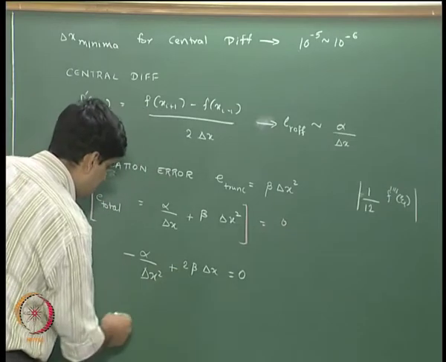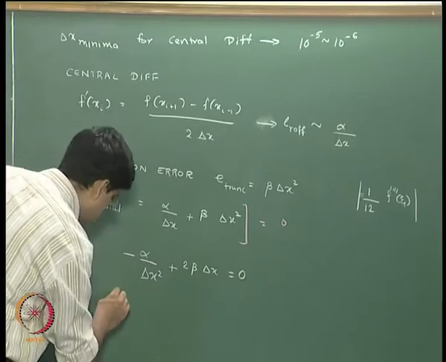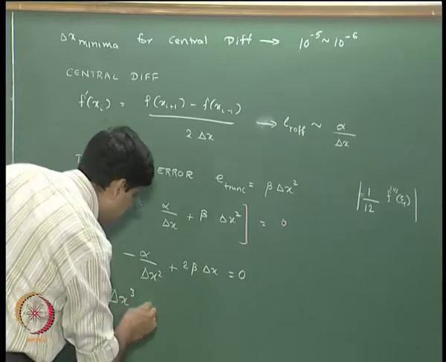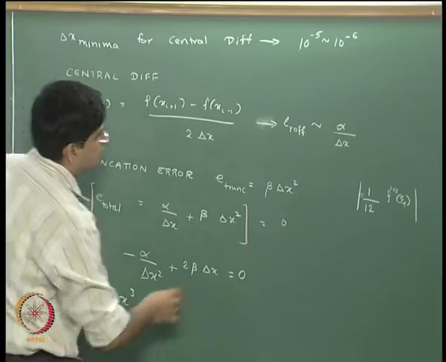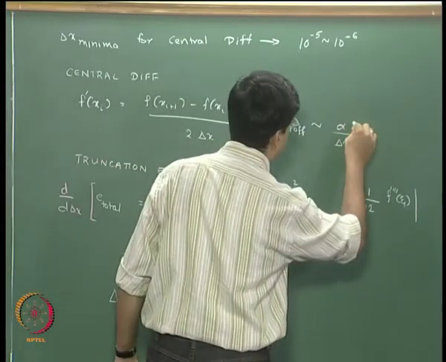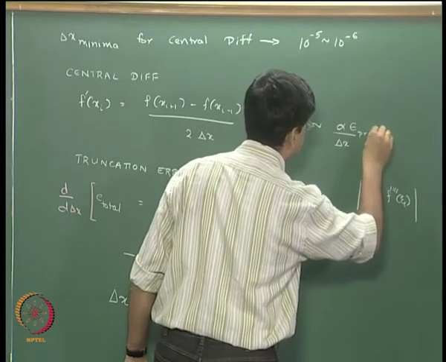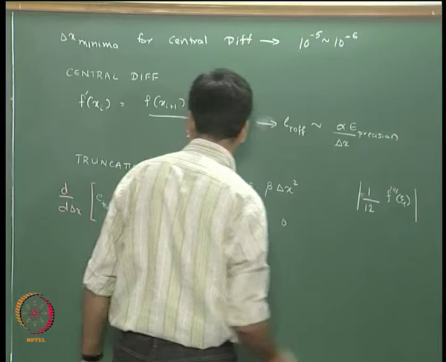Oh, I am sorry, what we should have over here is that round off error is proportional to alpha epsilon precision by delta x.